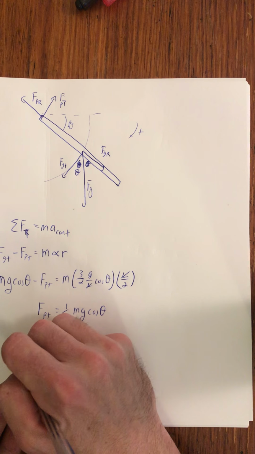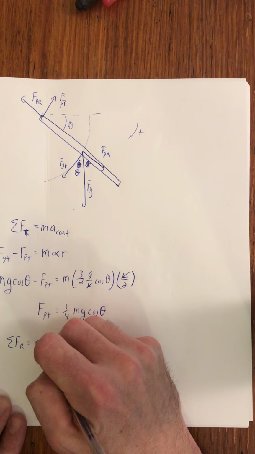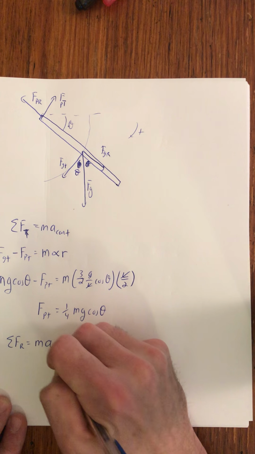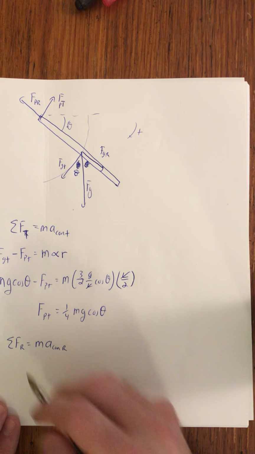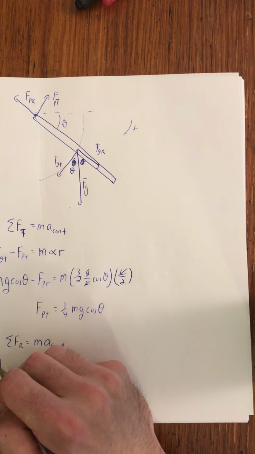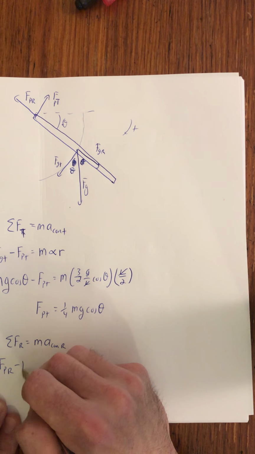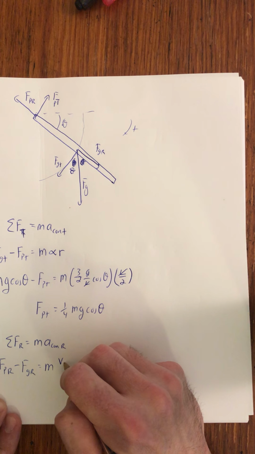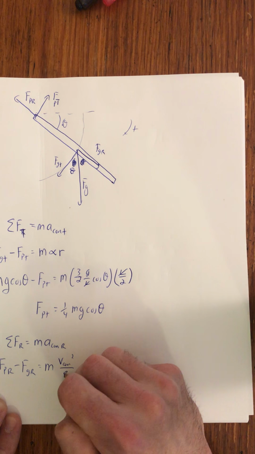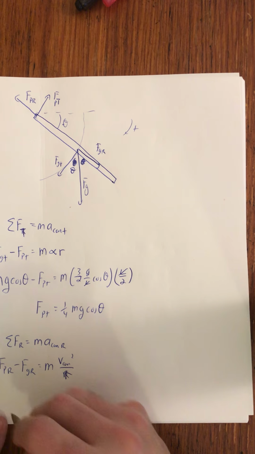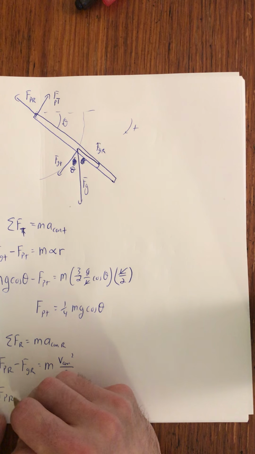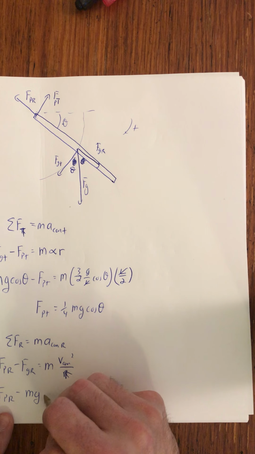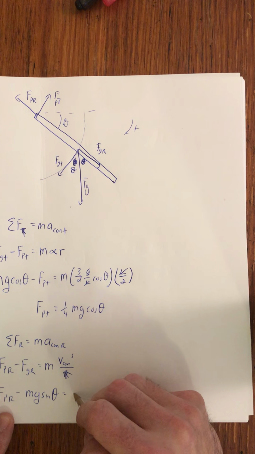And then the sum of the forces radially is equal to M A com radial, and so that's going to be, in this case, FPR minus FGR is equal to M A com, which is V com squared over R. Let's put in what we know. FPR minus mg sine of theta at that point is equal to m.